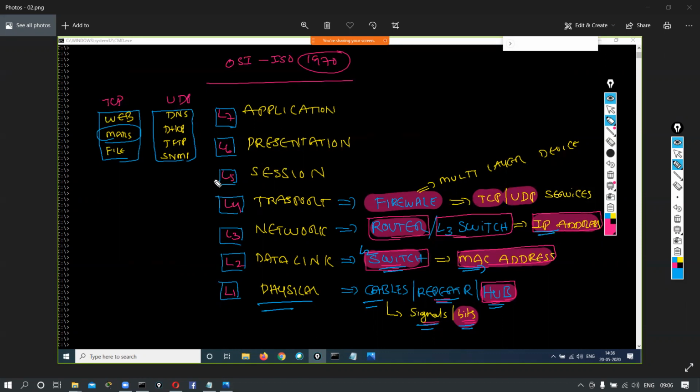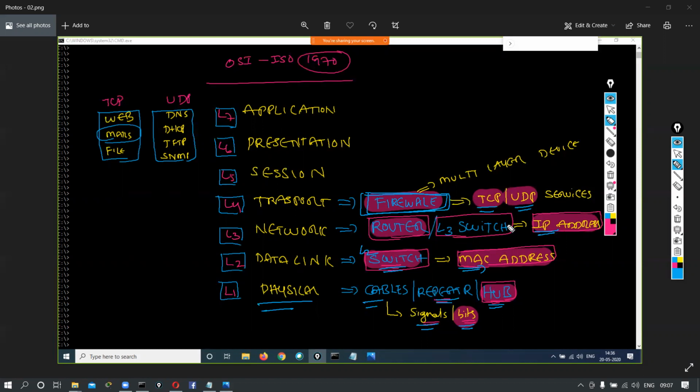Now the firewall is about layer 4, though not exactly; it's multi-layer and works under almost all layers. It can understand layer 4 components like TCP and UDP. TCP means Transmission Control Protocol, UDP means User Datagram Protocol. These are the transport protocols.